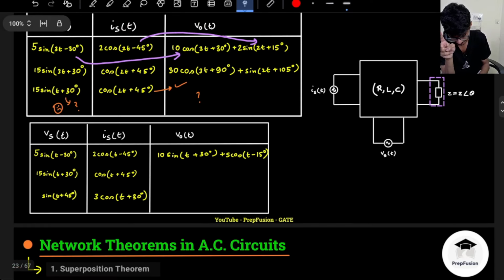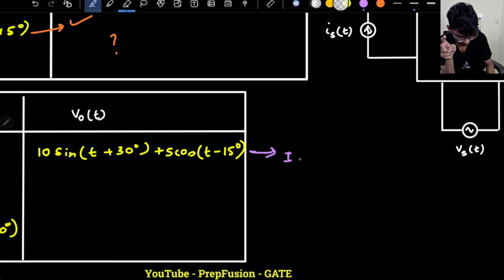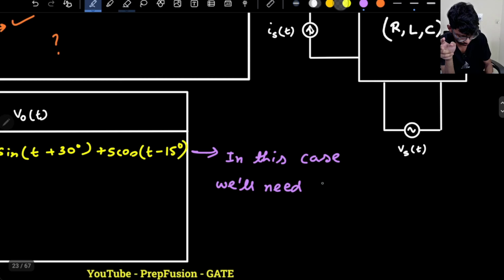So in this case, we will need two equations.